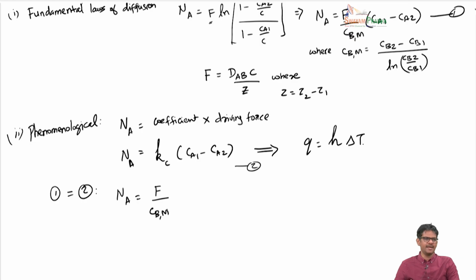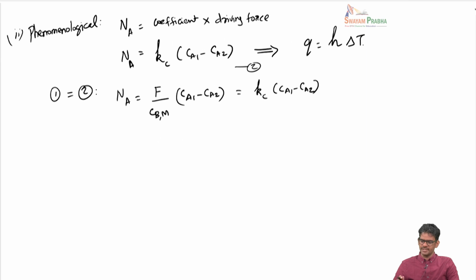Here CBm is the log mean concentration difference of the species B, which is non-diffusing in this case. So by comparing these expressions, we see this coefficient F, the local mass transfer coefficient F, is related to Kc times CBm.